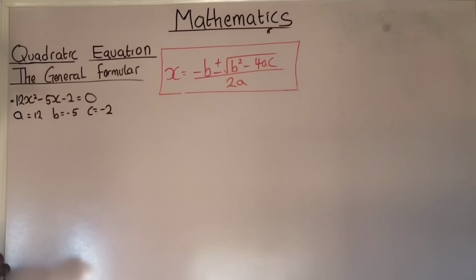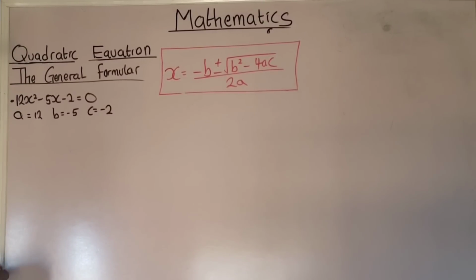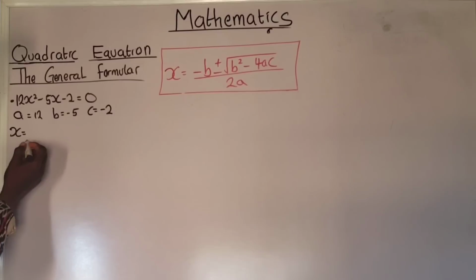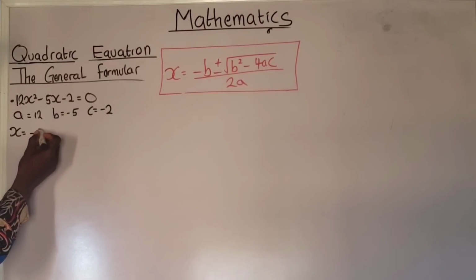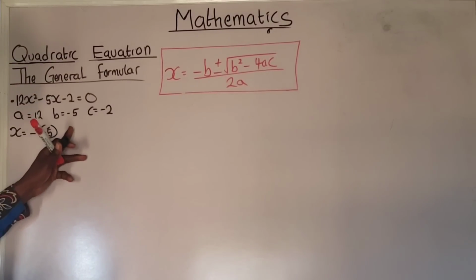Do you understand? Okay, now, having identified the values of a, b, and c, the next step is to substitute these values into this formula. You understand? Here, x will be equals to minus b, that will be minus into bracket minus 5, because b is what? Minus 5. You understand?